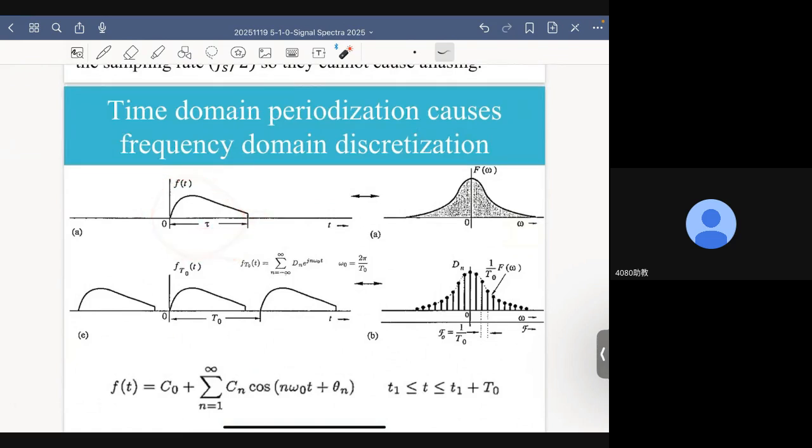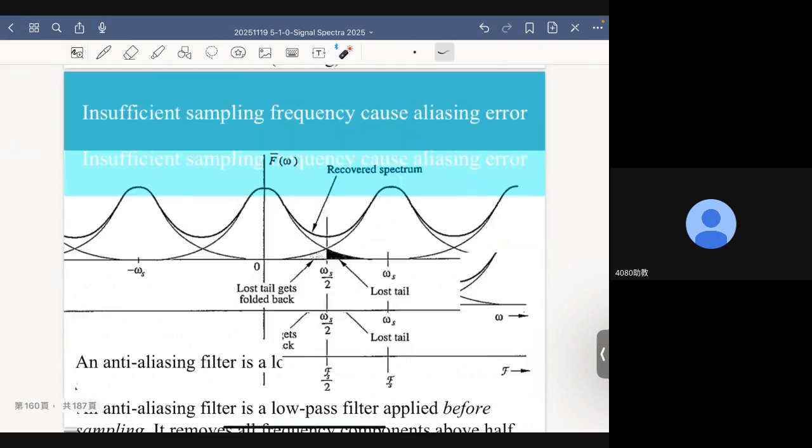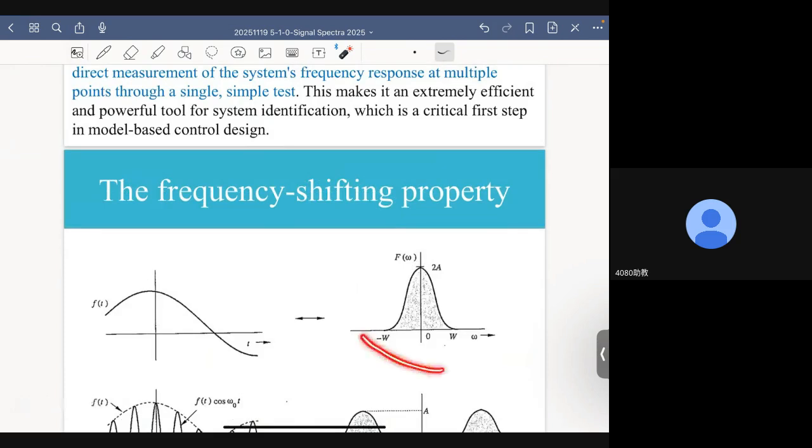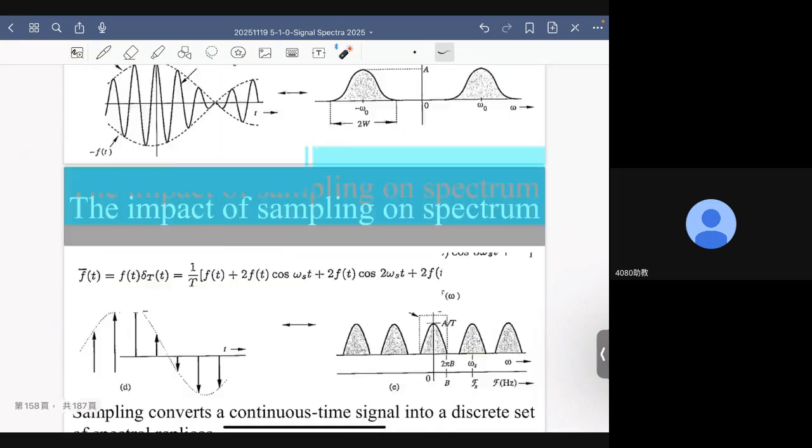Now, compare to the signal that we saw before. That signal is what we call a band-limited signal, because its energy is within a limited band.